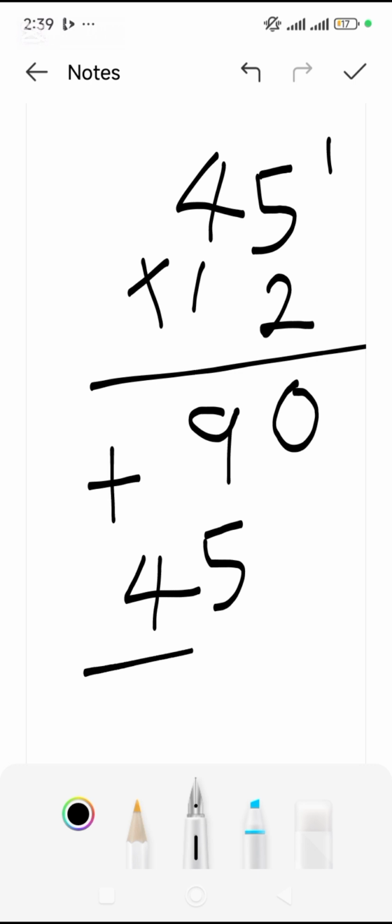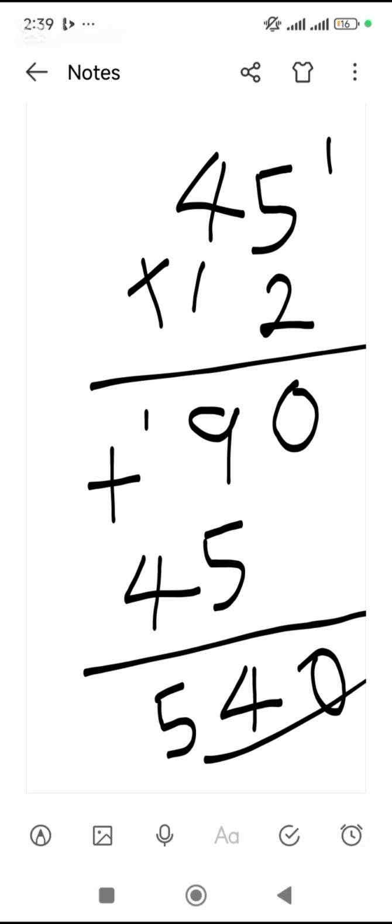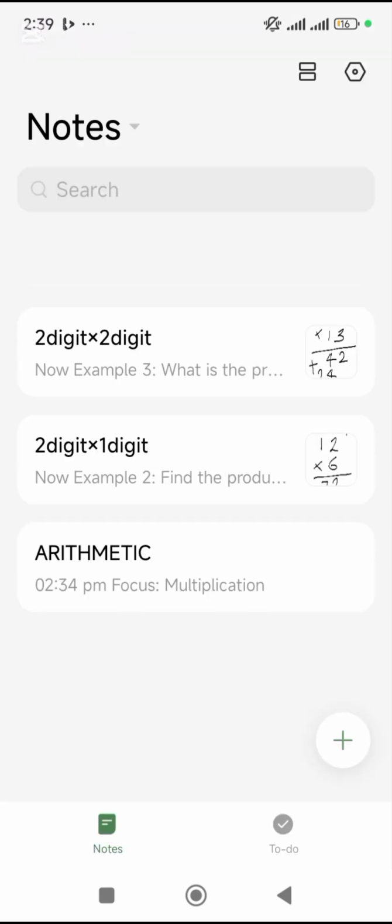And we add this side. This will be 0. 9 plus 5 is 14. Write 4, carry 1. 1 plus 4 is 5. And this is the answer, 540.